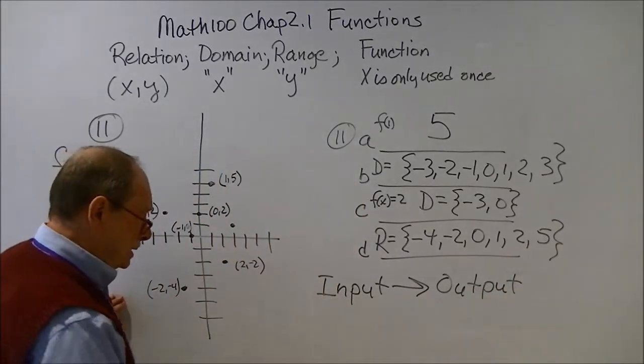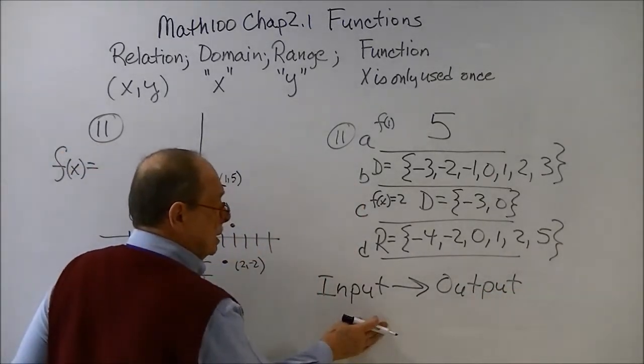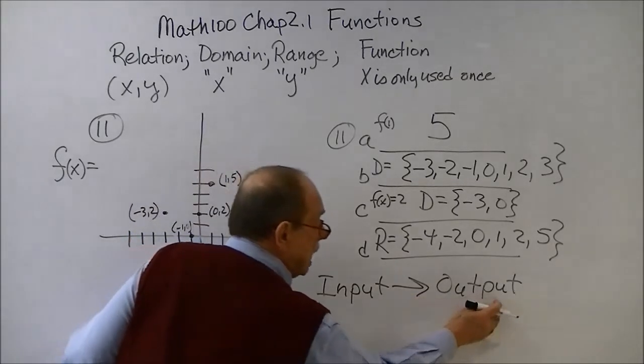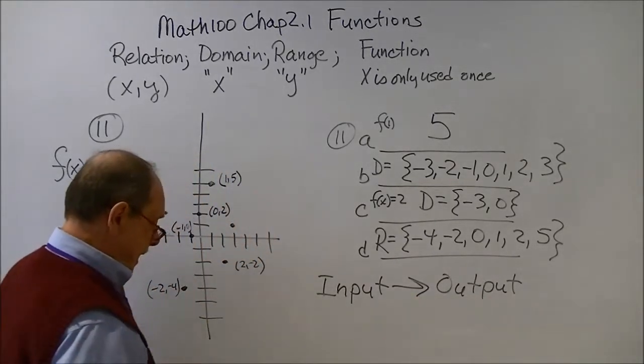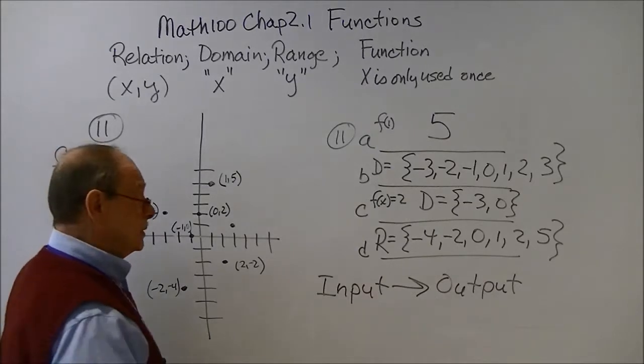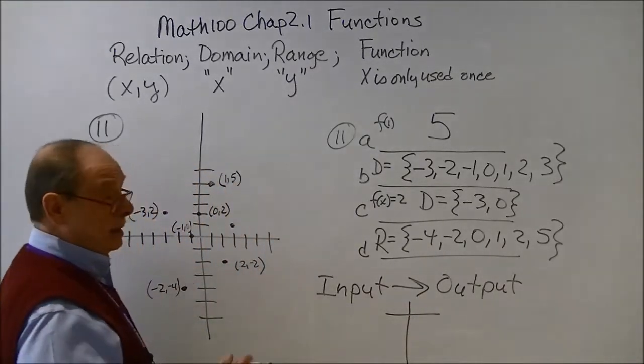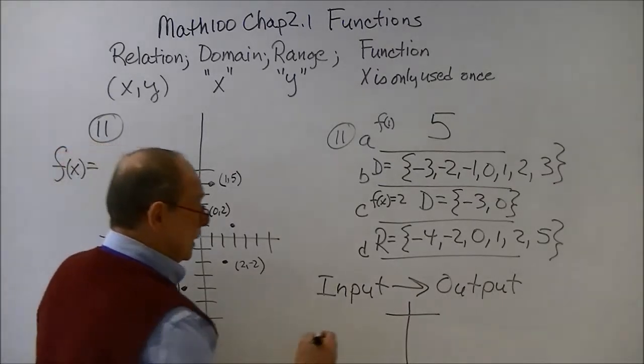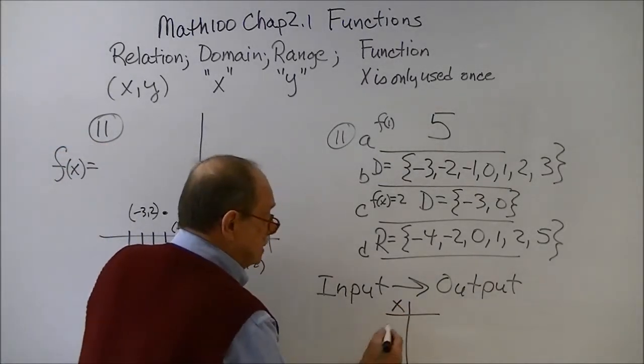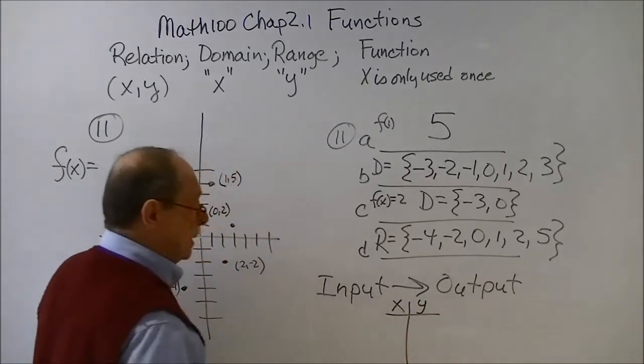And often, let me write it over here, they use the phrase input yields output. And often what they're referring to is the little T-charts that we had back in chapter 1, where this would be your x and this is the y.